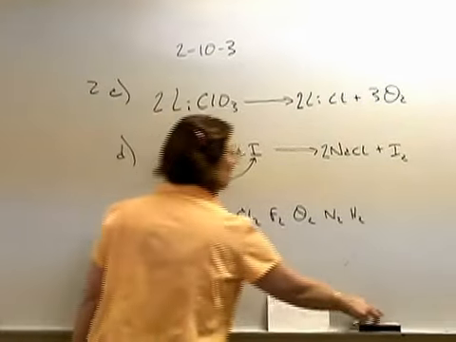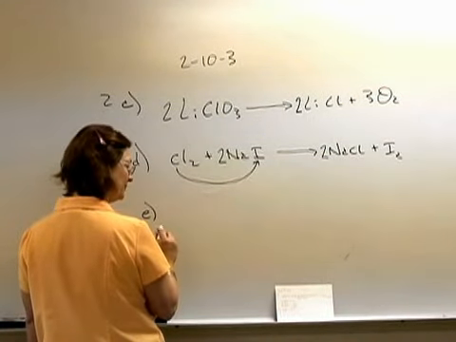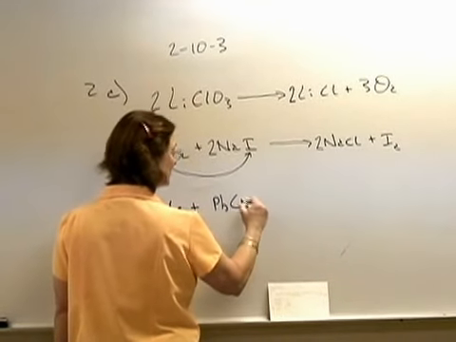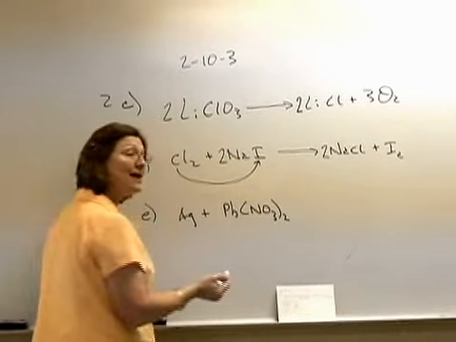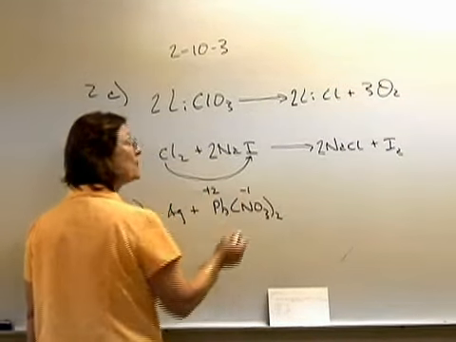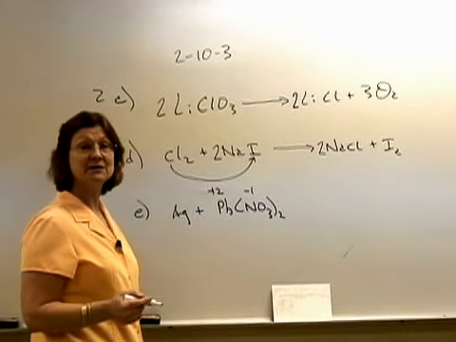Now finally, we have silver plus lead 2 nitrate. The lead Roman numeral 2 is telling me that lead has a +2 charge and nitrate is -1, and therefore I need 2 nitrates to get my compound to 0.